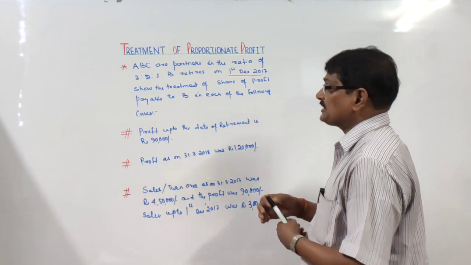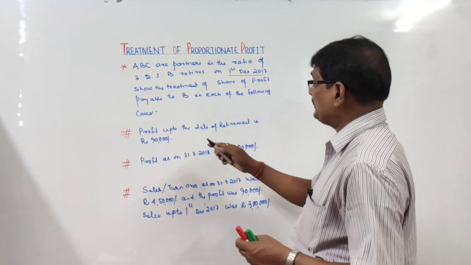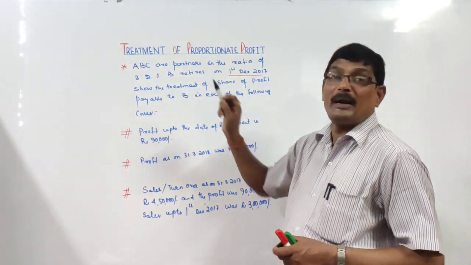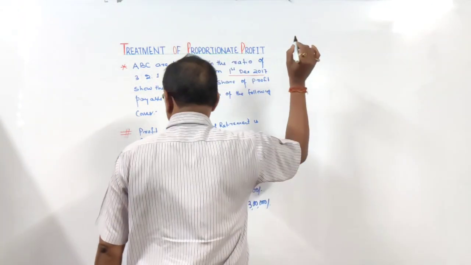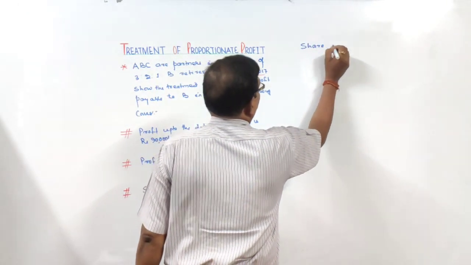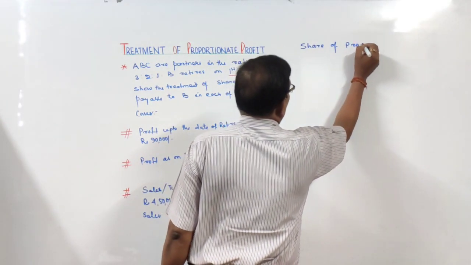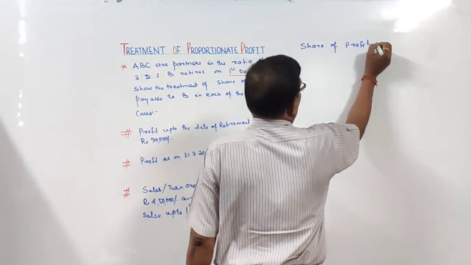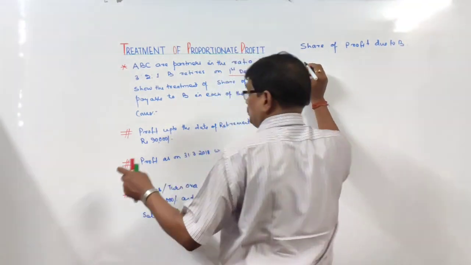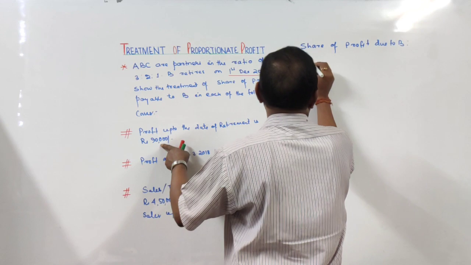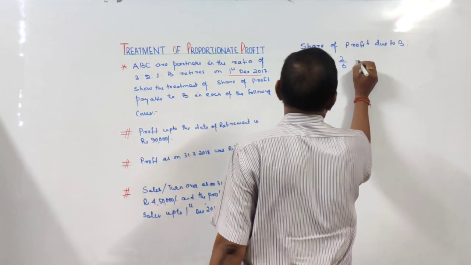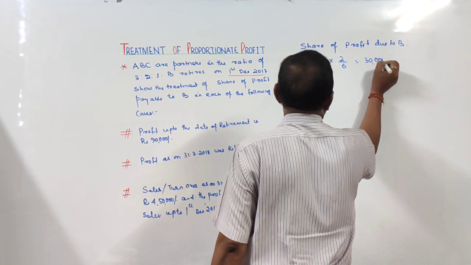Now in the first case you see the profit up to the date of retirement is 90,000 and B is retiring and B's share is 2/6. So in case 1, the share of profit due to B will be how much? That is, total profit is 90,000, up to the date of retirement, into his share, that is 2/6. So this comes to 30,000 rupees.